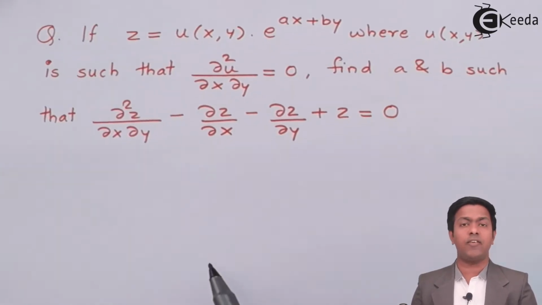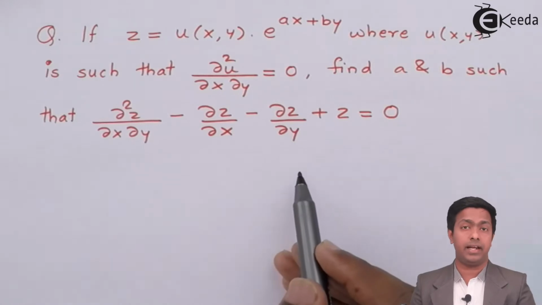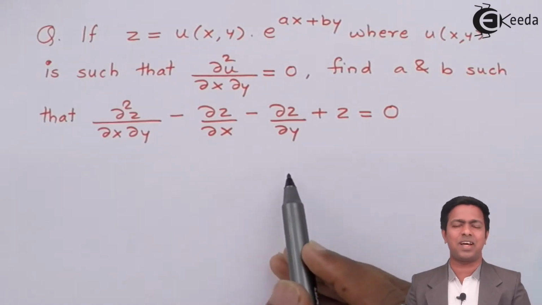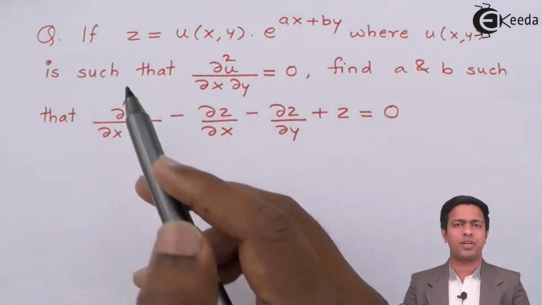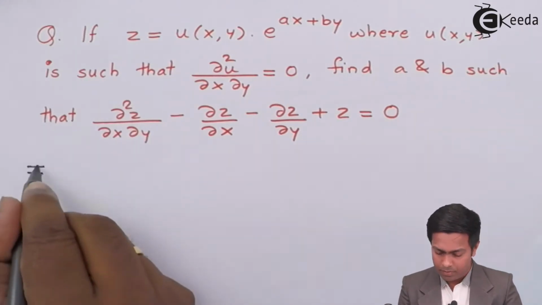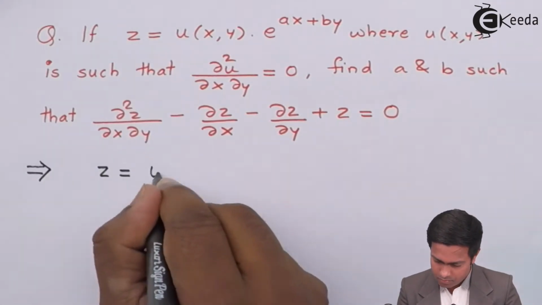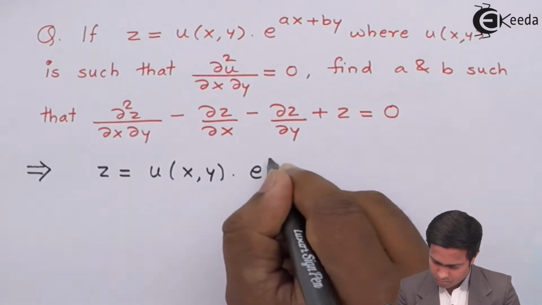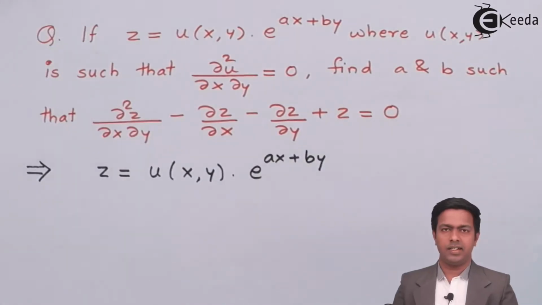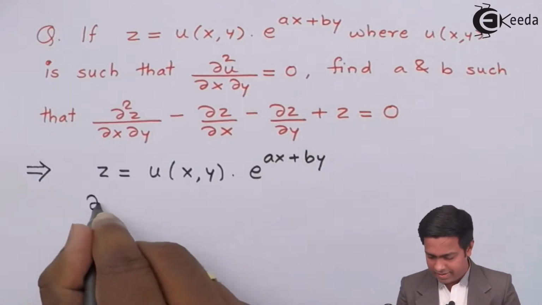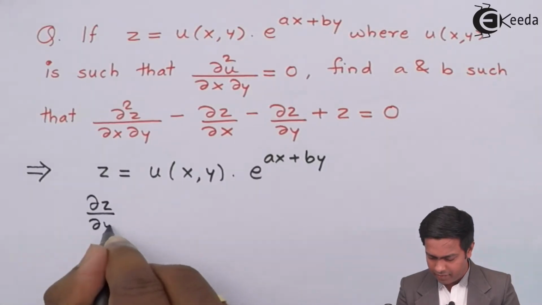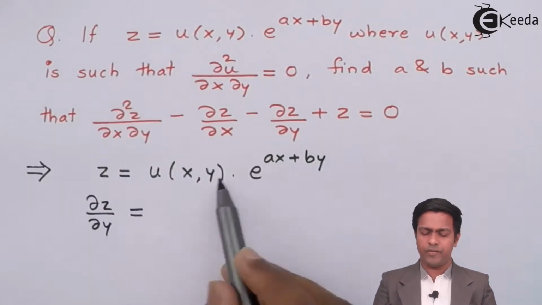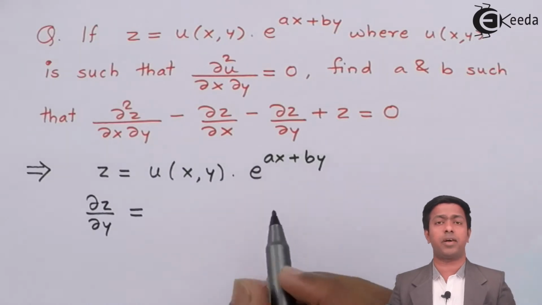So first of all, I'll find out del z by del y, and for that I need to partially differentiate z with respect to y. Now del z by del y. Here guys, in both the functions we have y, so we'll be applying the product rule of derivative.